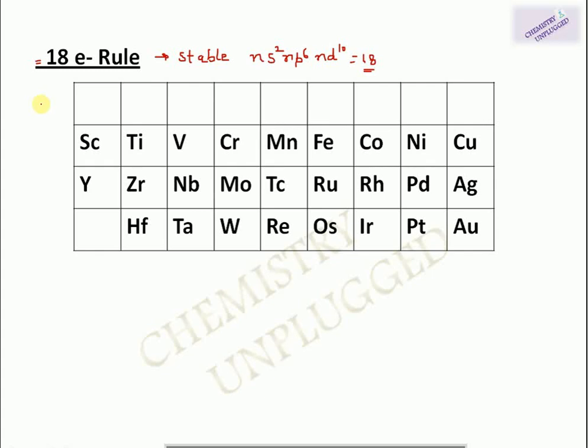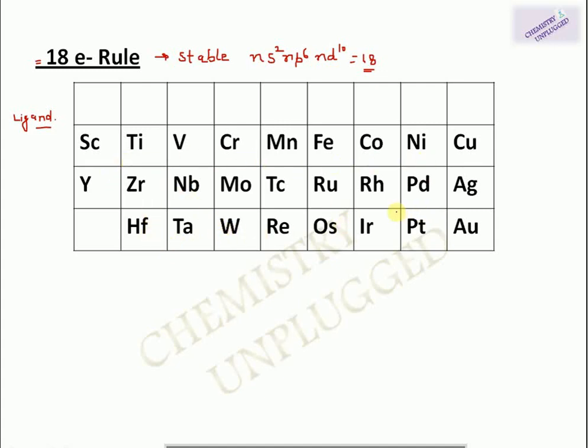So first we should know the number of electrons contributed by the ligands. Then we need the number of electrons in the outer shell of the metal. These are all transition metals, and you should have knowledge about the number of valence shell electrons in all of these metals. So you should memorize all these metals.